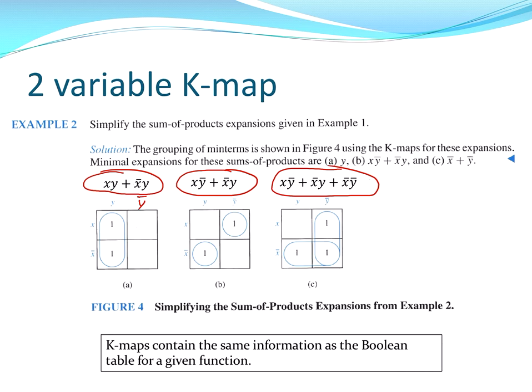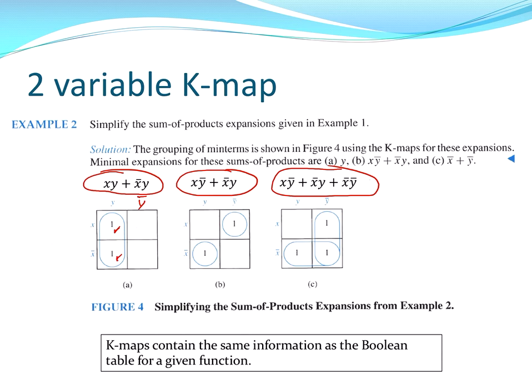And then I fill this out where the value is 1. Sorry. If x and y are 1, I get a 1 here. And if x bar and y are both 1, I get a 1 in the lower left. And that's all the ones that'll be in this table.